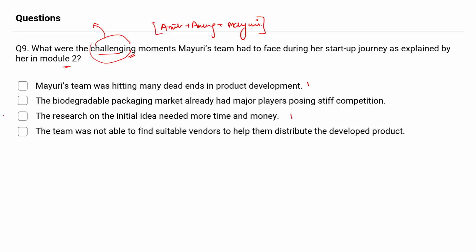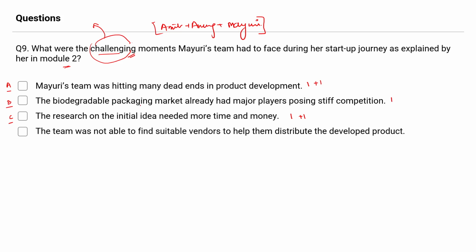So let me read out the options. Sir, B as well. So the options are: Mayuri's team was hitting many dead ends in the product development.